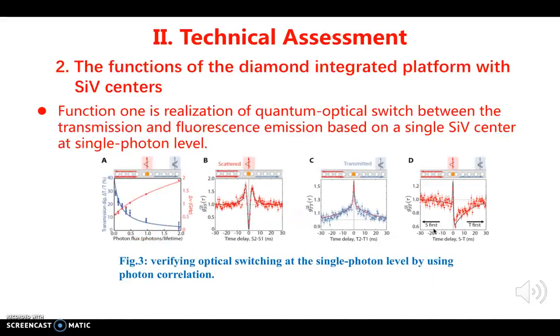They also did an experiment to verify optical switching at the single photon level by using photon correlation. As Figure 3 shows, the key point is the value of g2, the second order correlation function, in Figure 2b. If we don't understand this function, it doesn't matter.